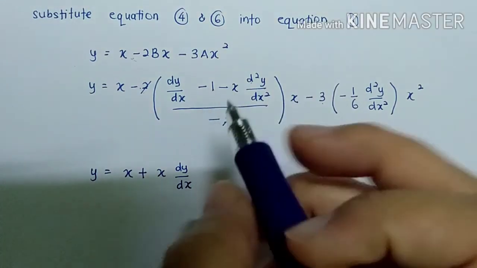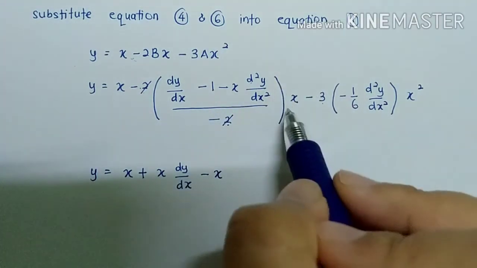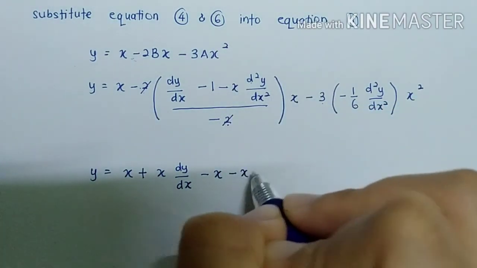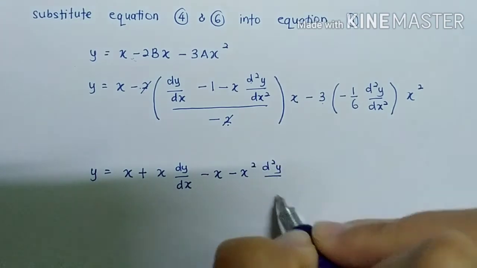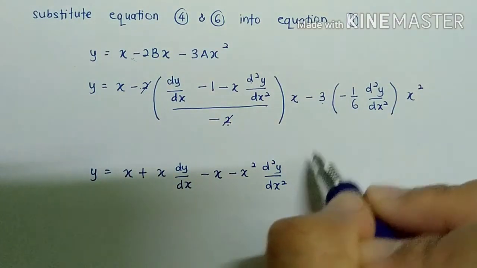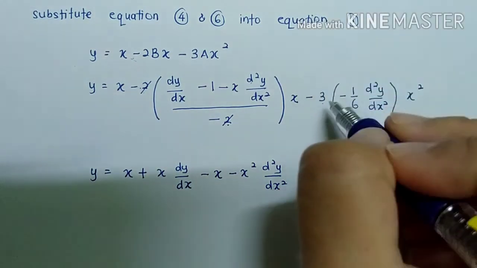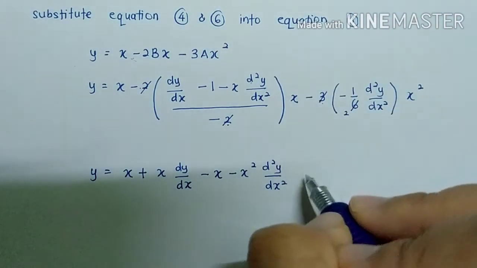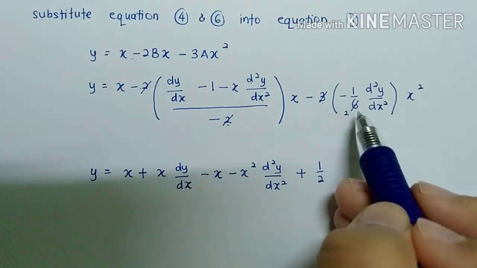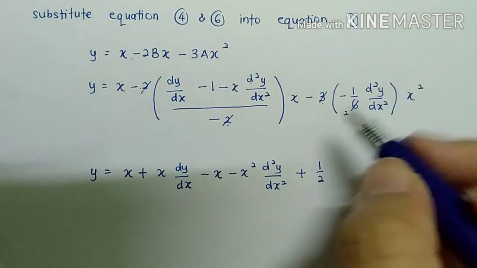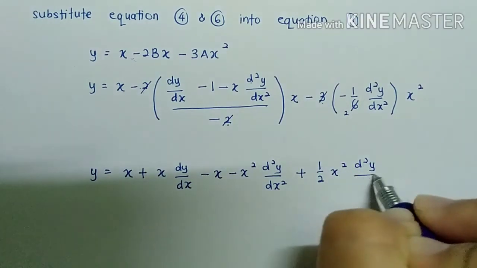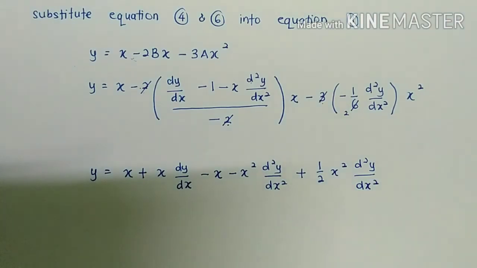And then 1 times negative 1 is negative x. And then x times negative x d square y dx square is negative x square d square y dx square. And then minus 3 times negative 1 over 6 is equal to positive 1 over 2. 3 times 1 over 6 is 1 over 2. And then we have x squared at the back. So we just write x squared d square y dx square.